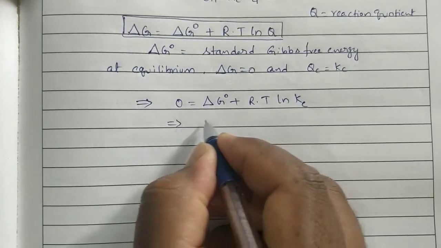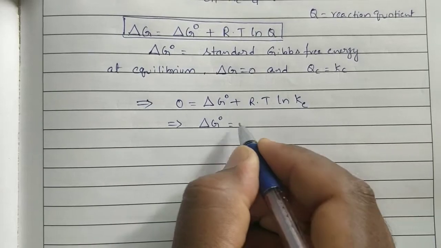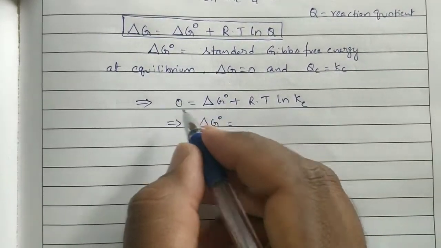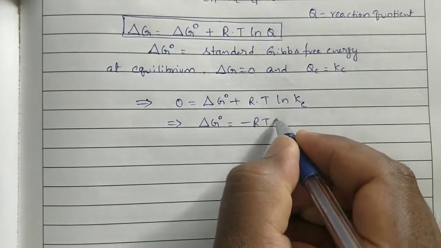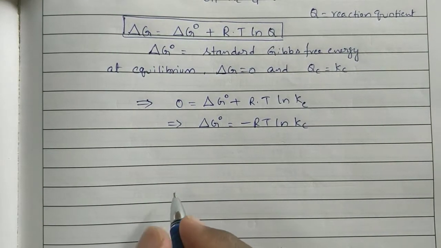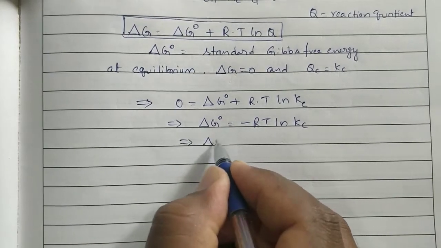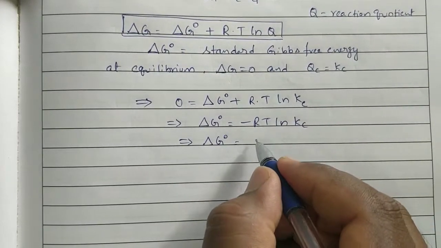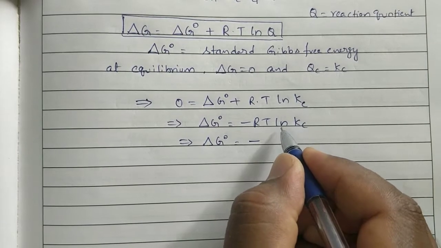This implies, sending this to the left side, it will become minus RT ln Kc. Delta G naught is equal to minus RT natural logarithm of Kc.